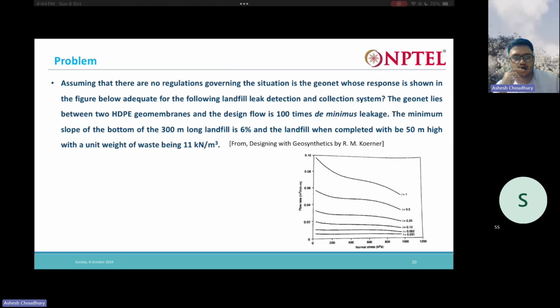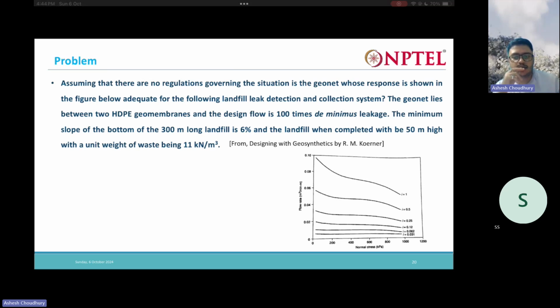The minimum slope of the bottom of the 300 meter long landfill is 6%. The landfill height is 50 meter, and the unit weight of the waste is 11 kilonewton per meter cube.